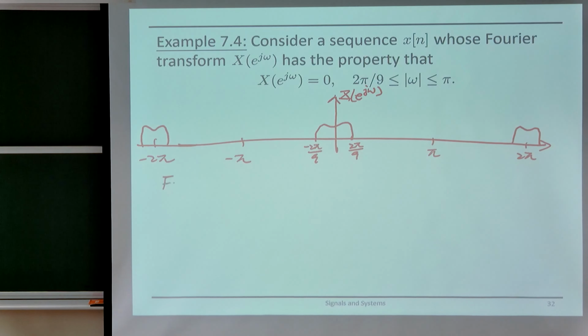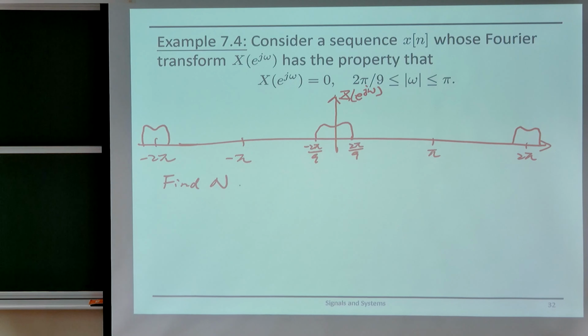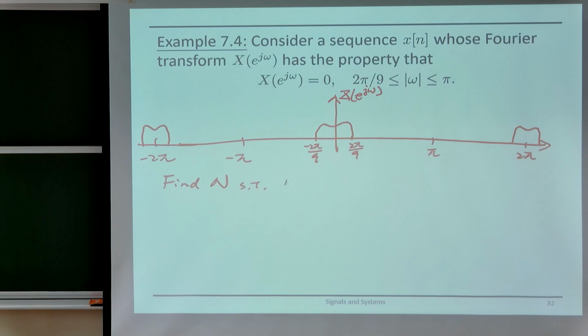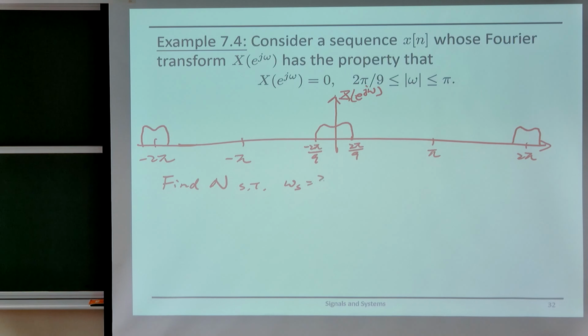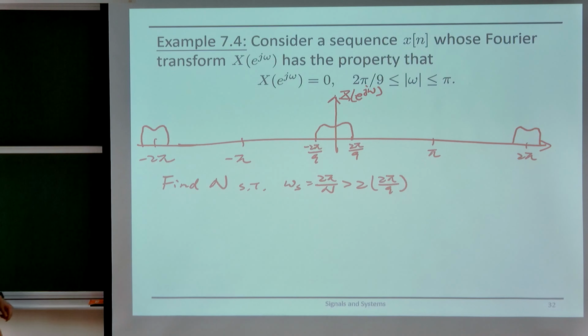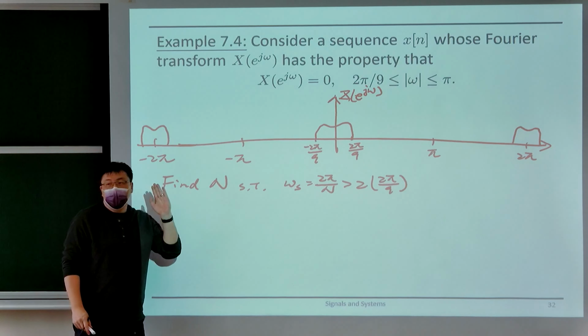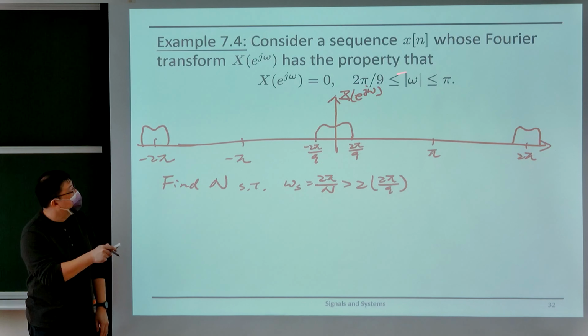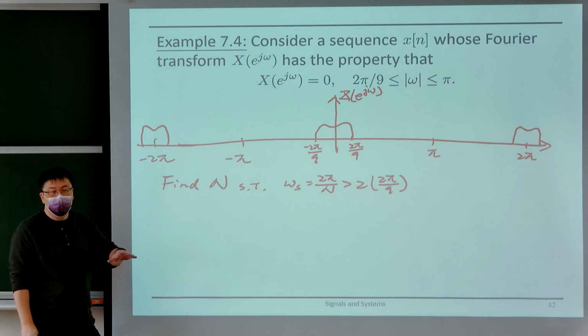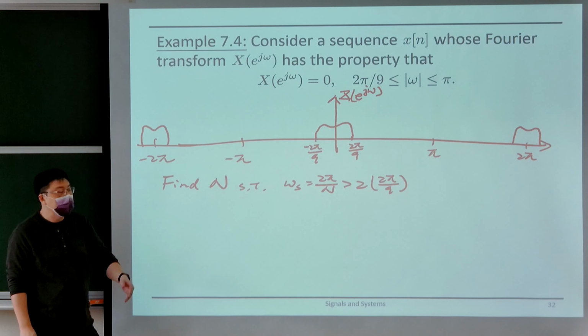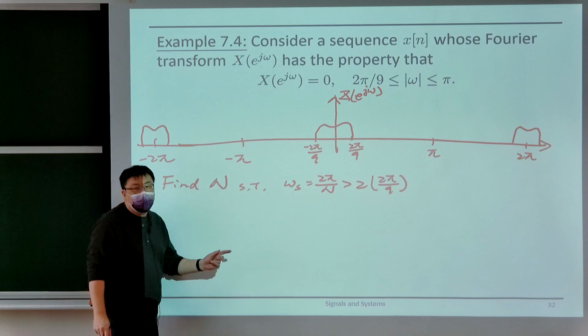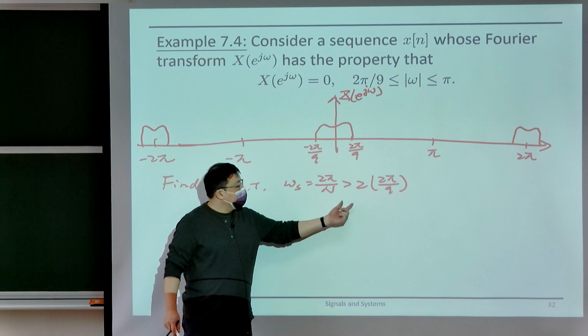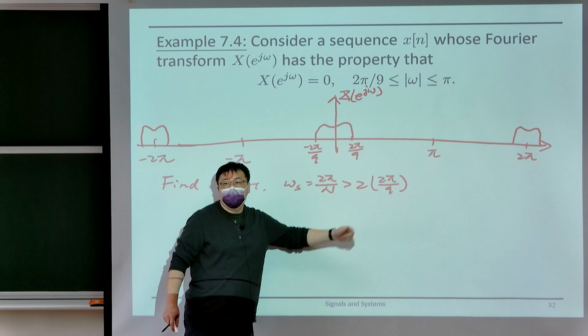Suppose you're asked to find N such that omega s, which is 2 pi over N, is greater than 2 times 2 pi over 9. Suppose that you want to sample this signal in a way that allows you to reconstruct it afterwards. Then you need to sample at a rate greater than 2 times the bandwidth.